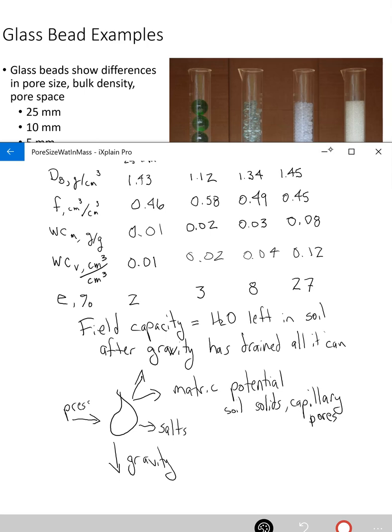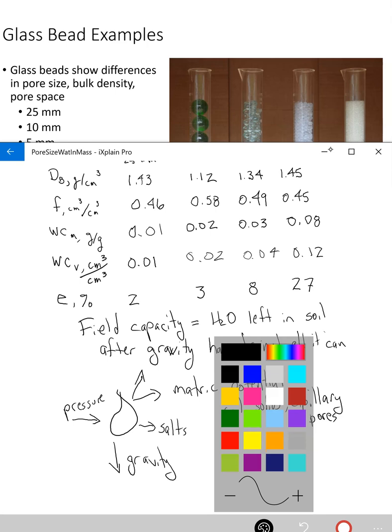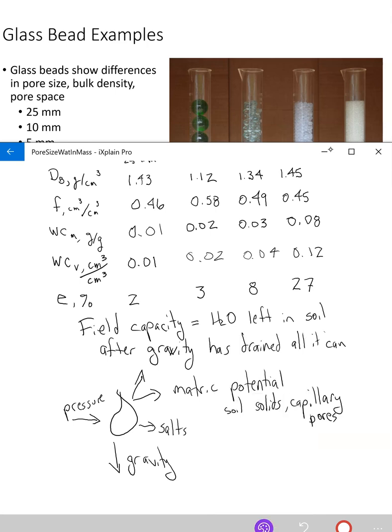So, in the condition where we've controlled all those things, in these glass beads, the only two forces at work in this particular case are our matrix potential that's holding water against the pull of gravity.